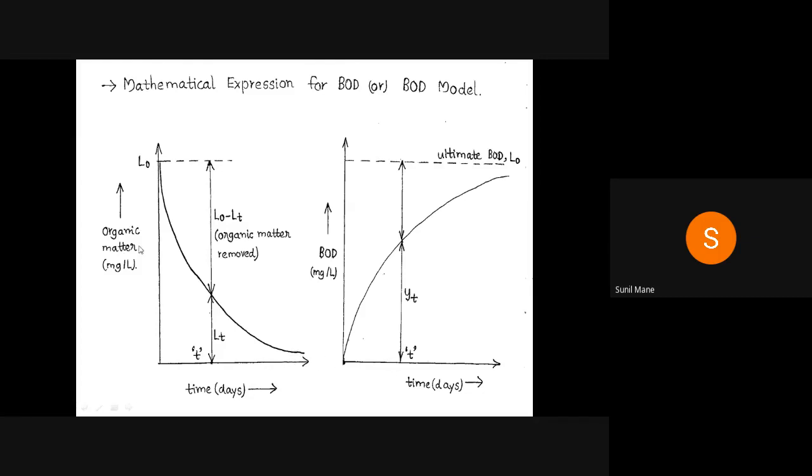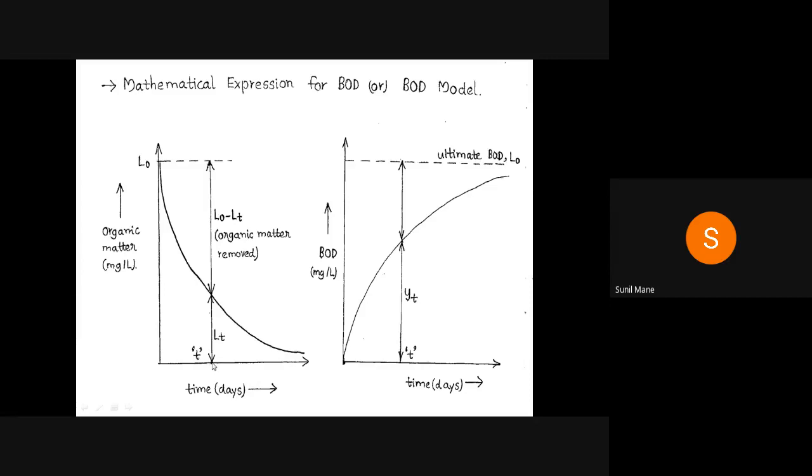Now we are more concerned about how that organic matter is being consumed, and then we'll estimate how much oxygen demand it is going to put. Generally we take any point t. Let us take the fifth day.